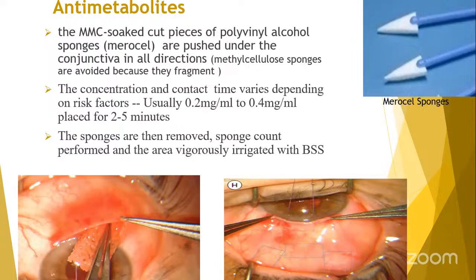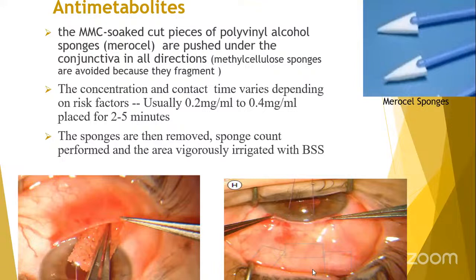And if you look at this picture on the left side, you will see an attempt to put the soaked sponge under the conjunctiva. I noticed that this surgeon did not cover the cornea. I would usually use some wet mop to cover the cornea because I don't want the soaked sponge to touch the cornea or the edge of the conjunctiva flap.